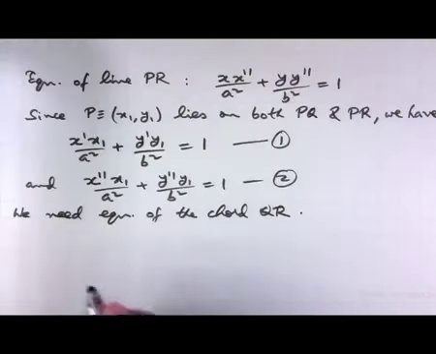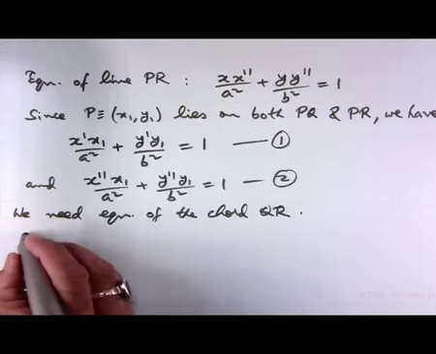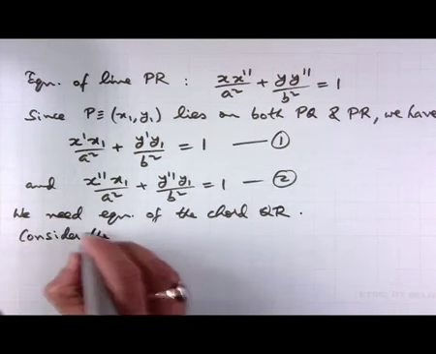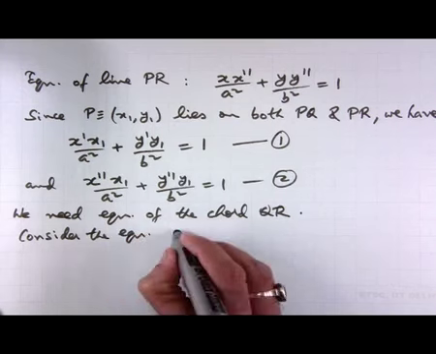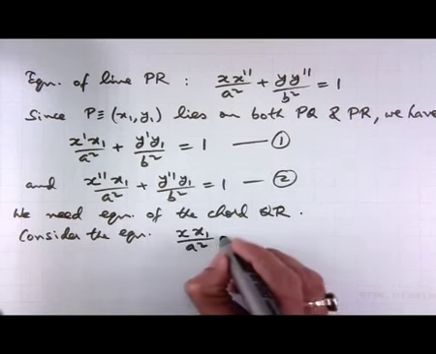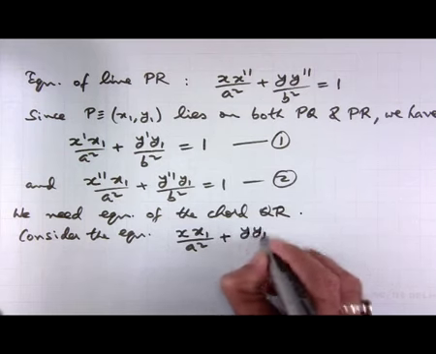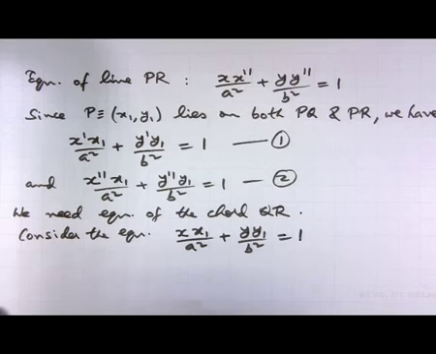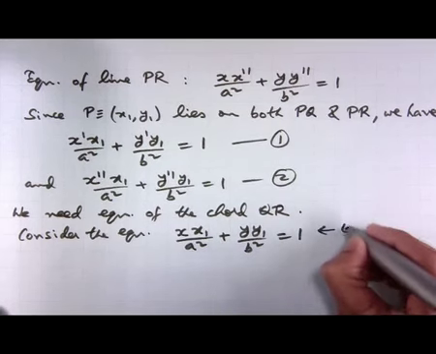So, consider the equation x times x1 by a square plus y times y1 by b square equal to 1. This is the equation of a straight line.